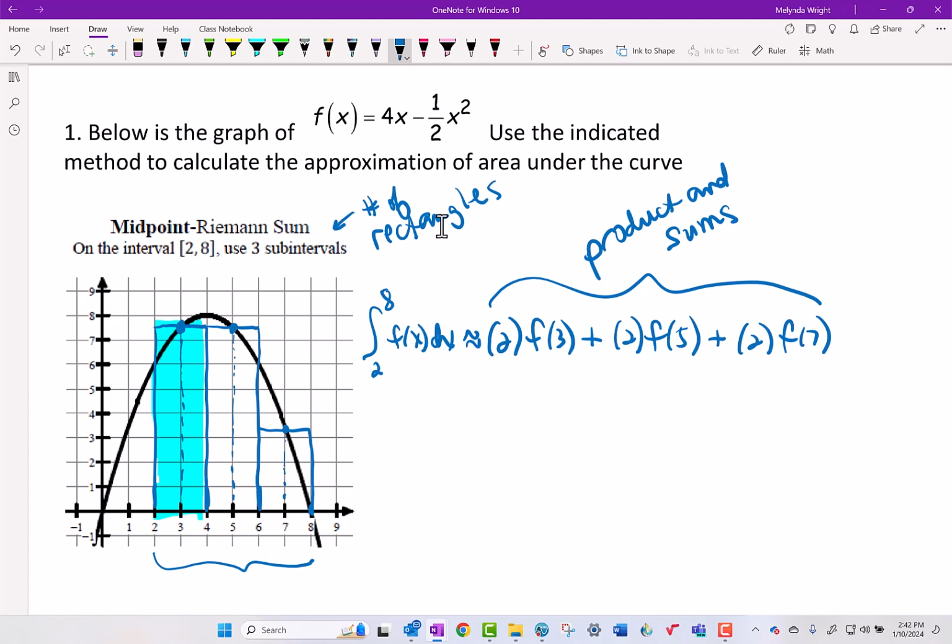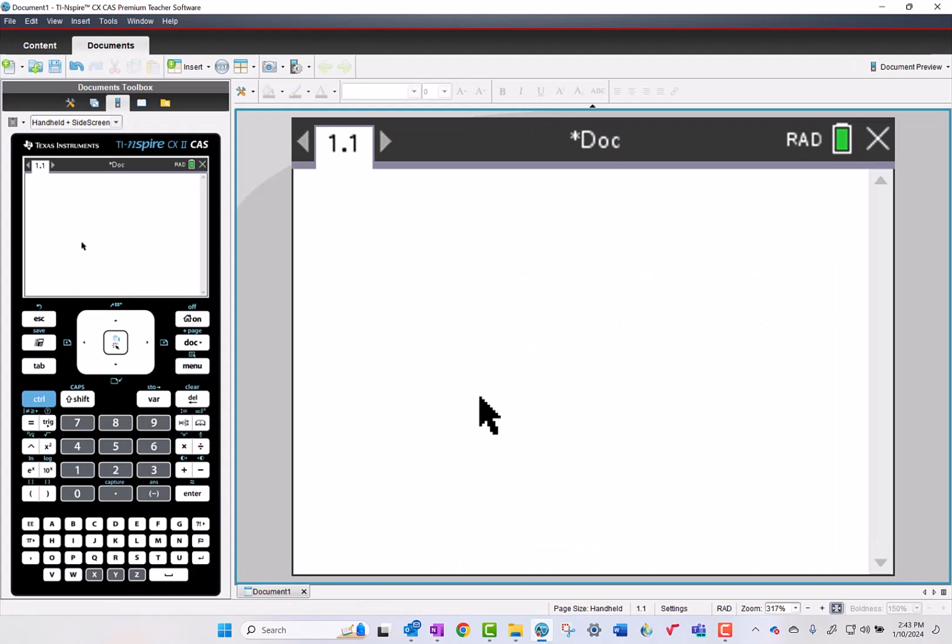So what I'm going to do is to find f of 3 and f of 5 and f of 7, I think it would be easier to use the calculator. Wouldn't you agree? Rather than plugging in the 3 and the 5 and the 7 and doing all that arithmetic. So I'm going to pull up the calculator and we're going to do that calculation in the calculator. Y'all okay with that? And you can work this with me. So I'm going to store that function.